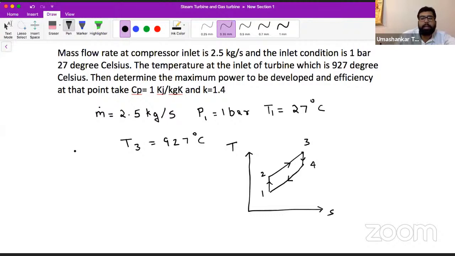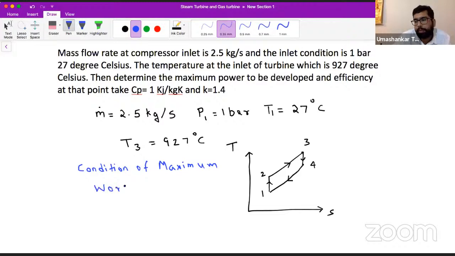So in the condition of maximum work, yes, your answer is correct. Condition of maximum work we have seen in the last session.